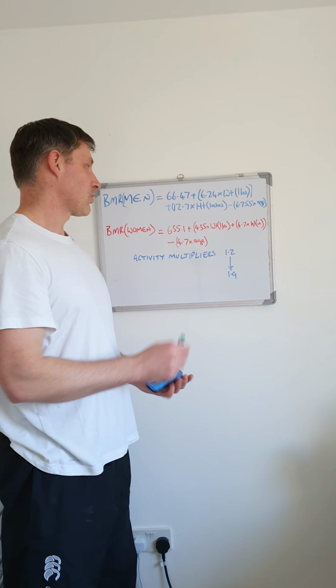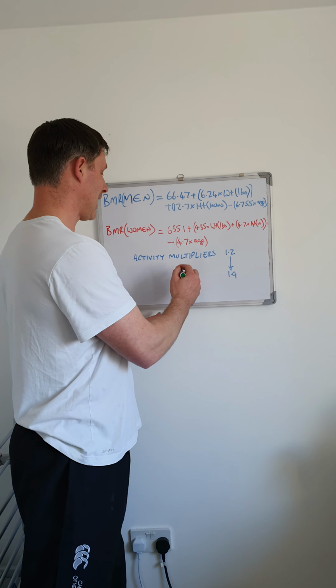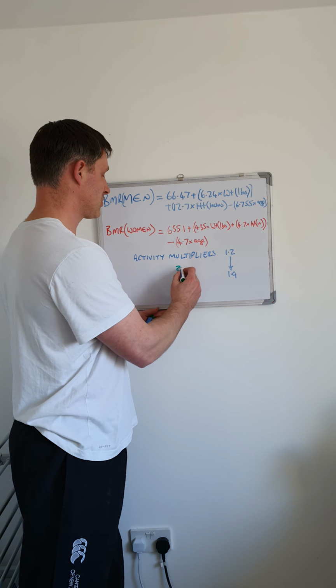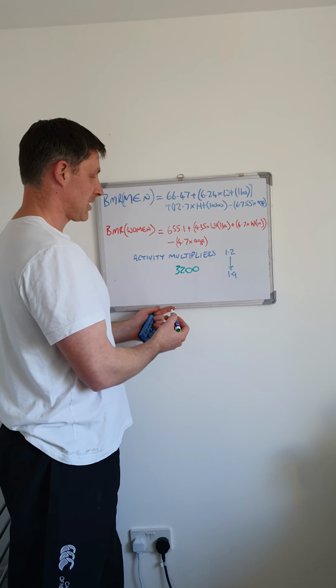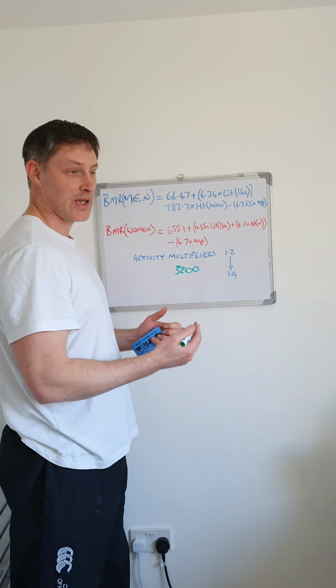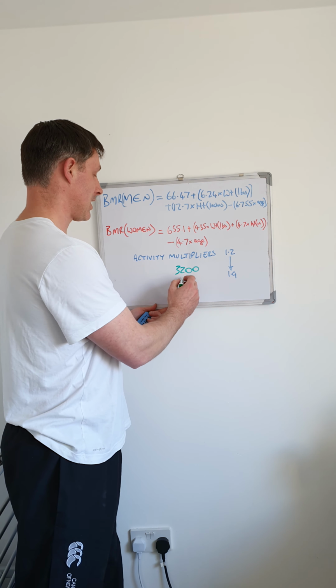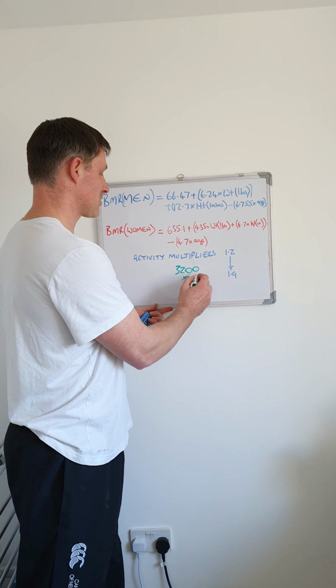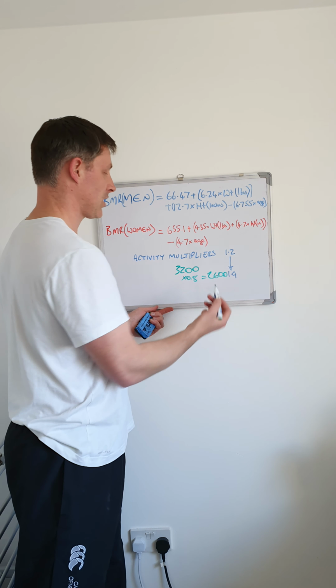I worked this out for me earlier on, and it came out as 3,200 calories as my daily calorie needs. If I was looking for fat loss, I would have to multiply that by about 0.8 to give me a 20% deficit, and that would give me somewhere around 2,600 calories per day to use.